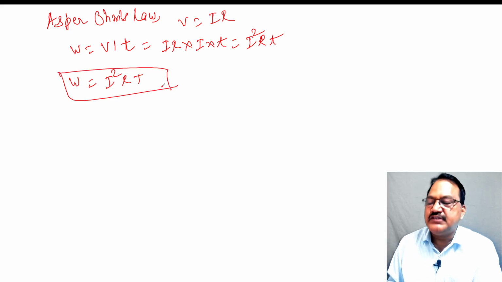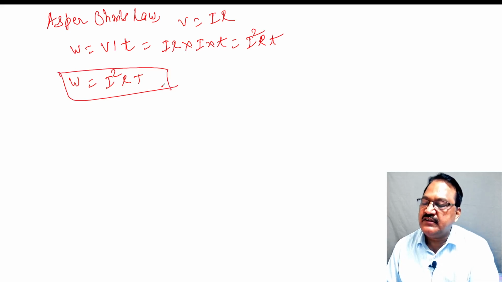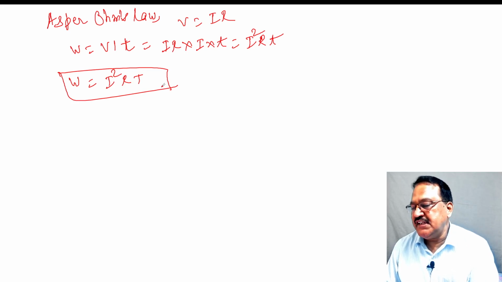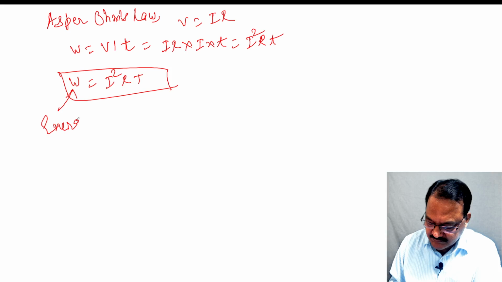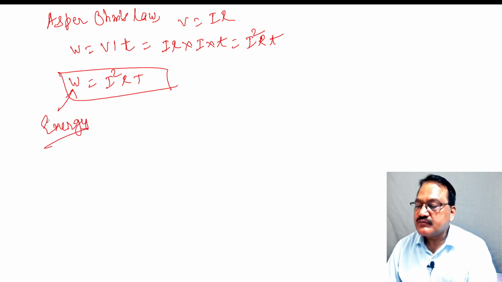What is W? This is the total work done by the current in the circuit. And what we have defined here? What is energy? Energy is also the total work done by current in the circuit. This is the energy.